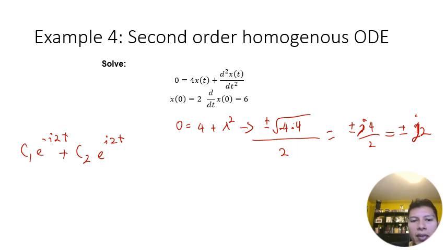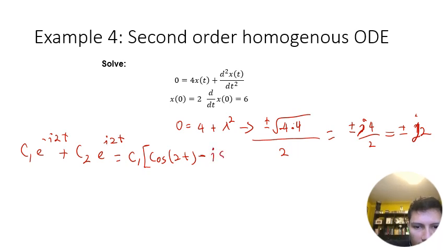We're going to use sines and cosines. So we can use Euler's identity to rewrite this as C1 times cosine 2t minus j sine 2t.